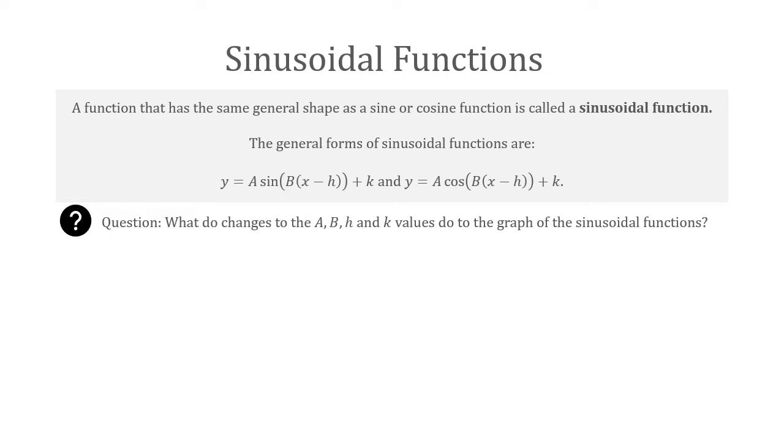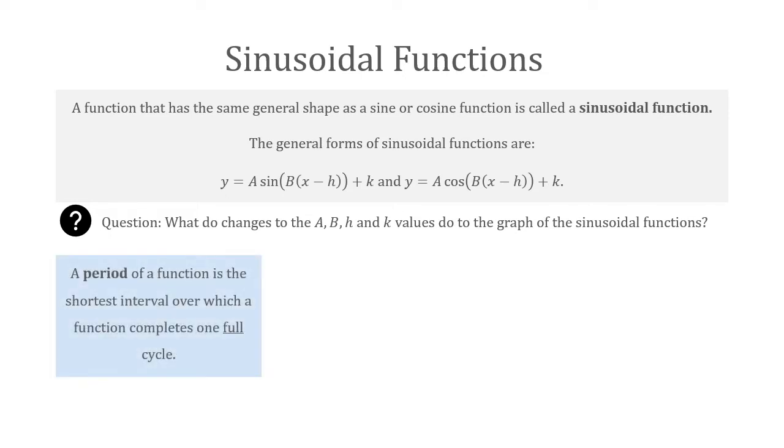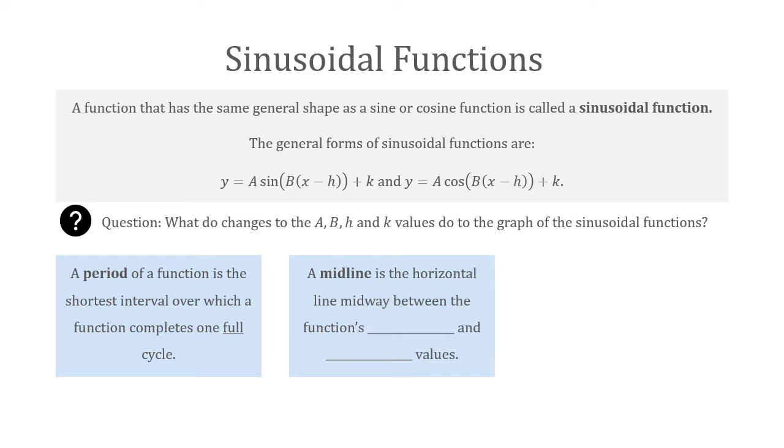Let's get a few definitions. We've seen that the period of a function is the shortest interval over which a function completes one full cycle. Here's a new definition. The midline is the horizontal line midway between the function's maximum and minimum values.